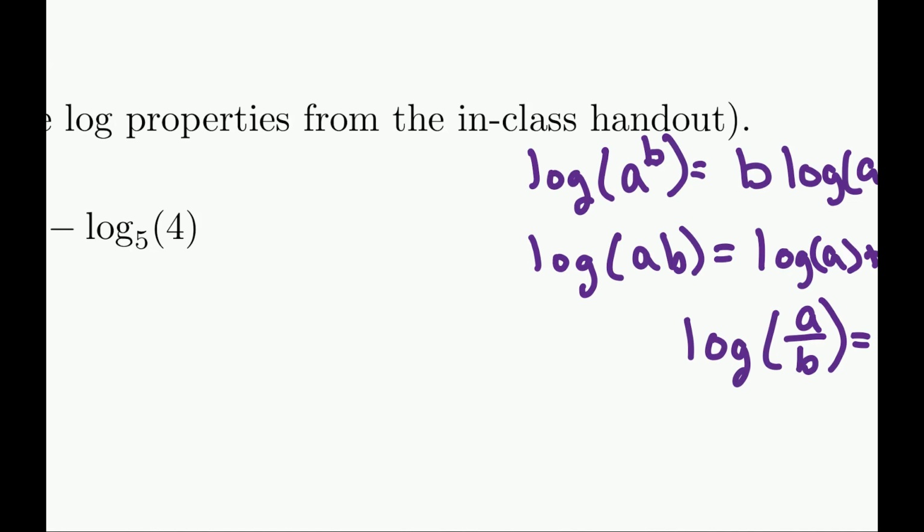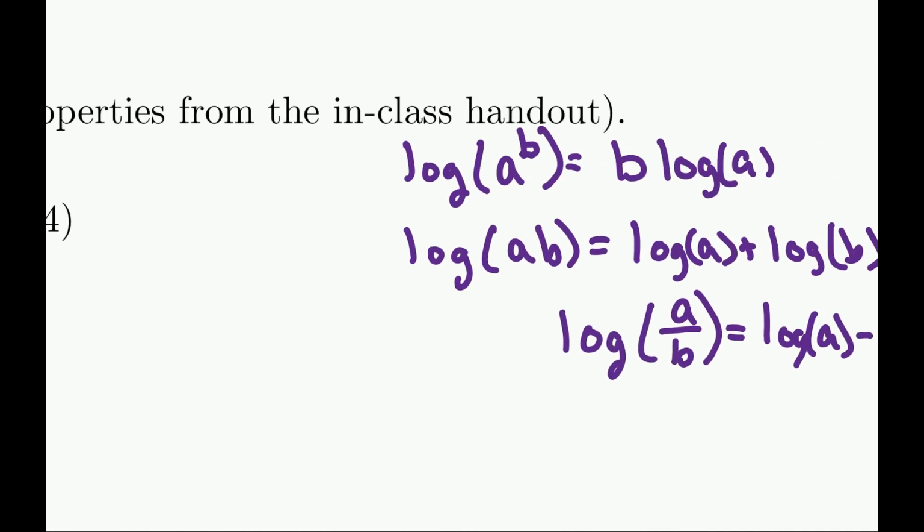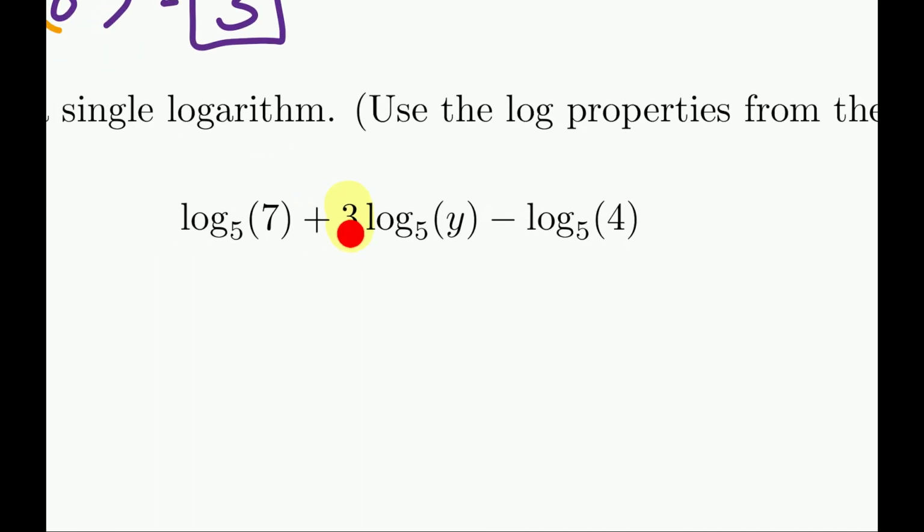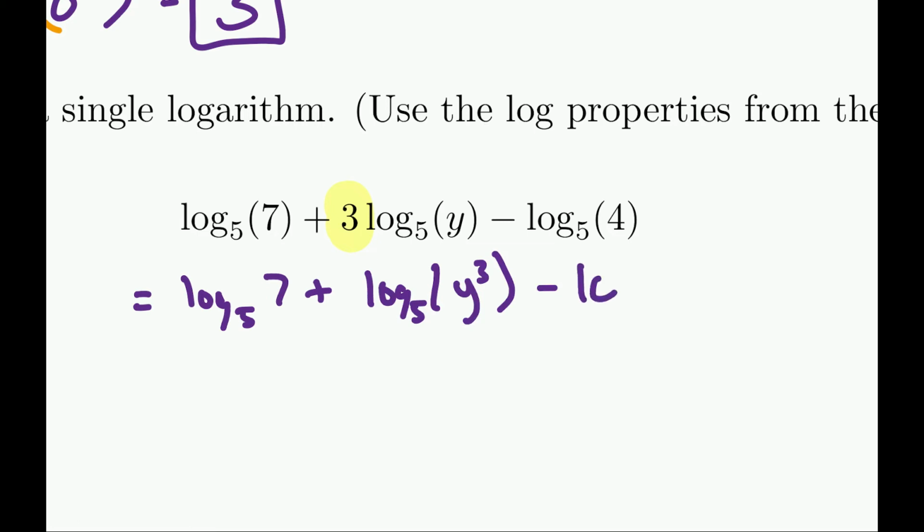So a coefficient here can be brought up as an exponent on the A. So this 3 can be moved as an exponent on the y. So this is log 5, 7 plus log 5 y to the 3, minus log 5, 4.